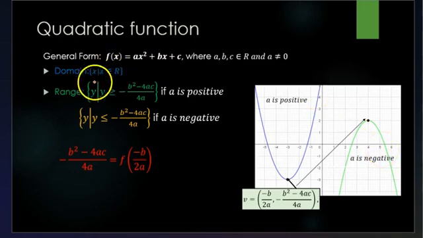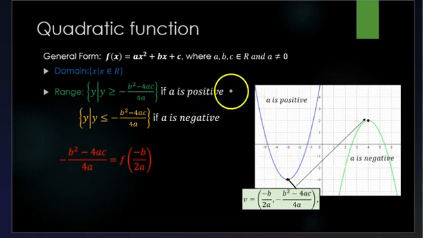For the domain, we can substitute x with any real number, hence the domain will be the set of all real numbers. But for the range, since the graph is a parabola, you can see that there's always a limitation, a minimum or a maximum, in the value of y.